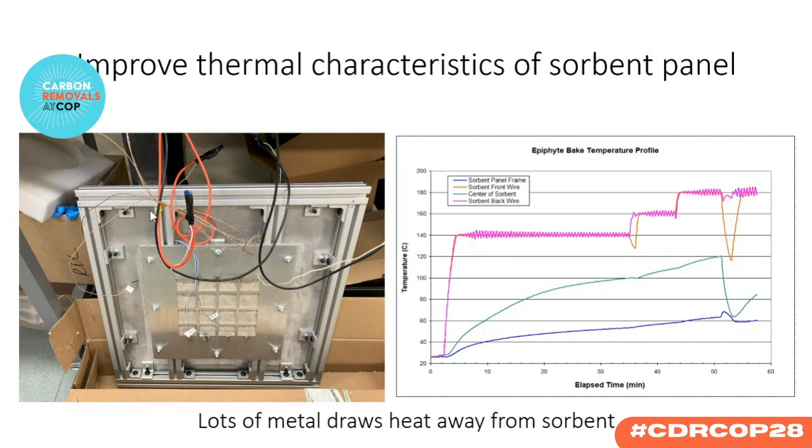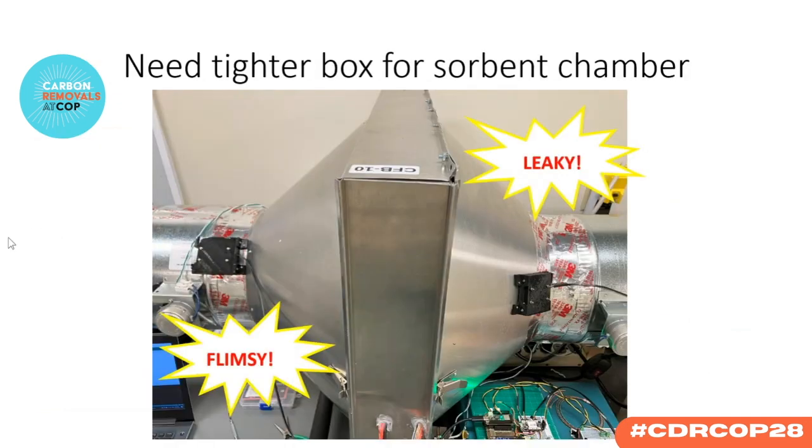Anything else that we'd say is pretty fundamental that we would do on a next build to get any form of improvement? I've got a couple more. Yeah. A tighter box. This one was, I think, the perfect design for starting out because it is an off-the-shelf filter duct that you could buy online and have shipped in a couple of days for commercial and home use.